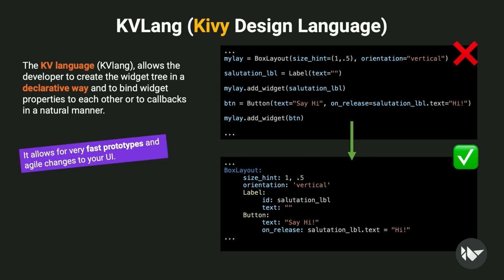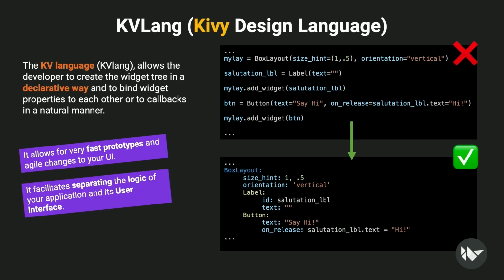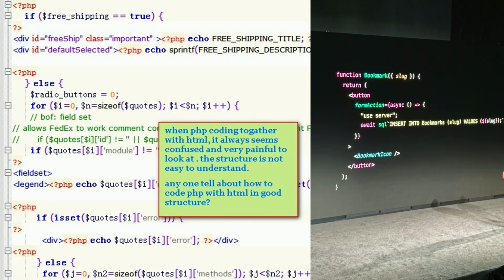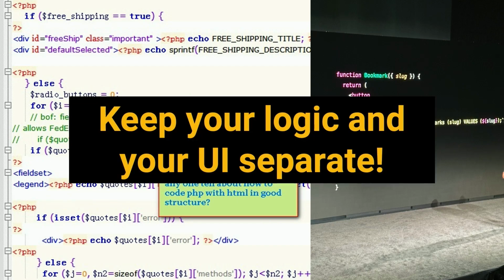It allows for very fast prototypes and major changes to your UI, and also facilitates separating the logic of your application and its user interface, so you don't have to be like PHP, or like someone four weeks ago at the conference. Why are you doing that? So keep your logic and your UI separate, please.